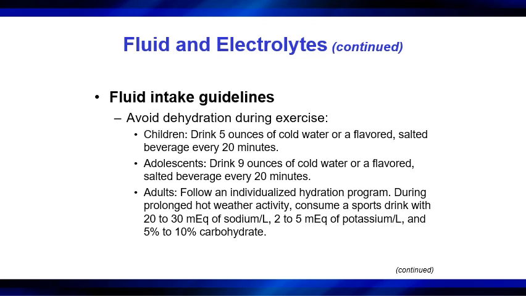So during prolonged hot activity, consume a sports drink with 20 to 30 milliequivalents of sodium per liter, 2 to 5 milliequivalents of potassium per liter, and about 5 to 10% carbohydrates. Again, adults could follow a more individualized plan, just making sure that they get adequate amounts of their electrolytes in addition to the hydration.